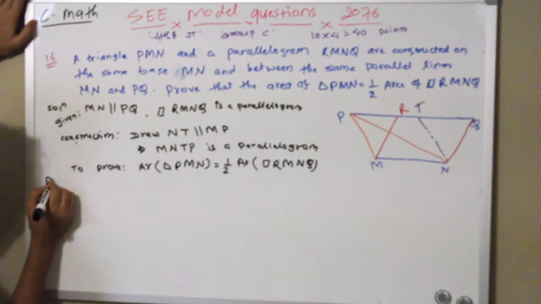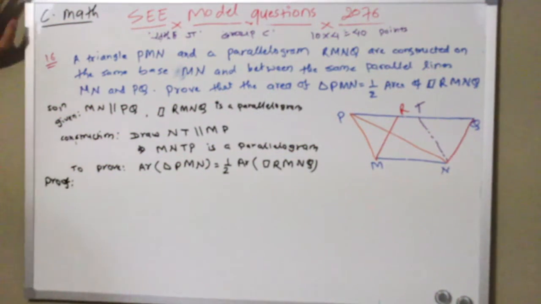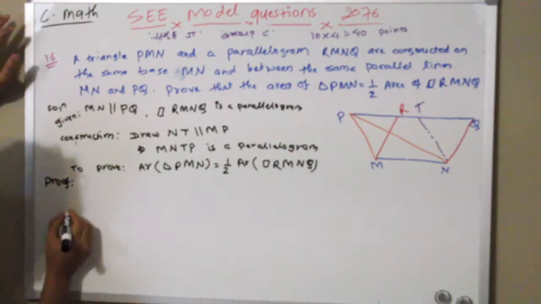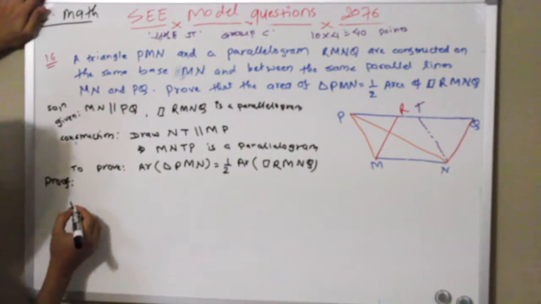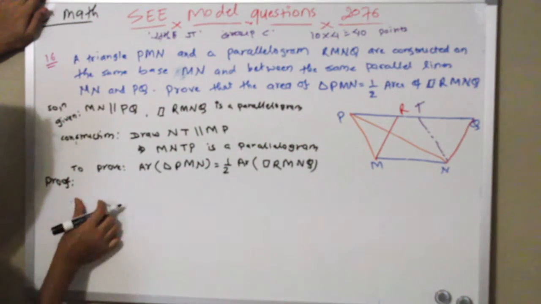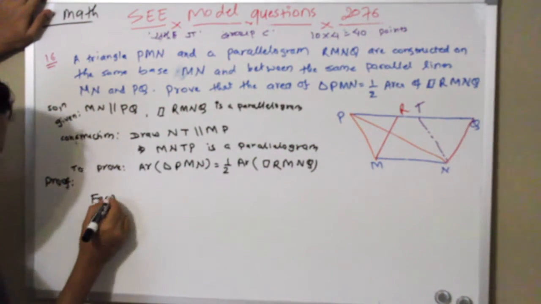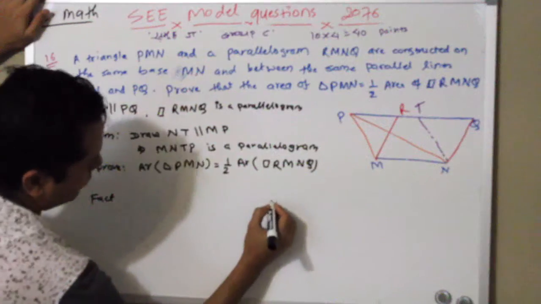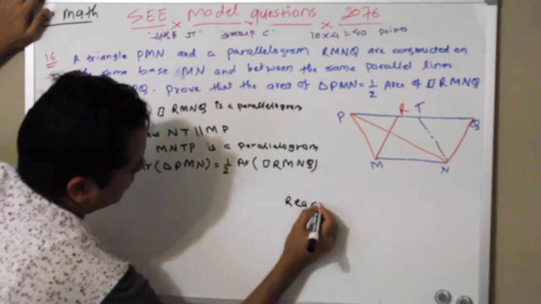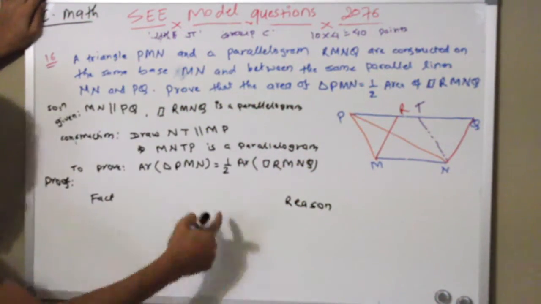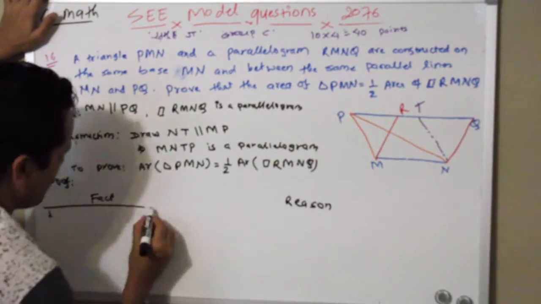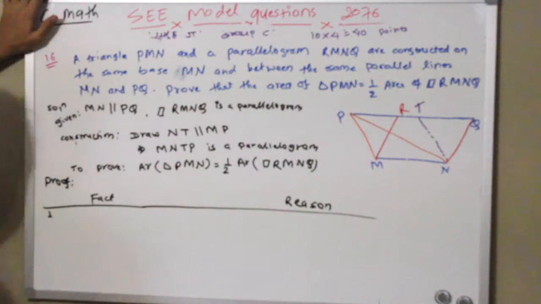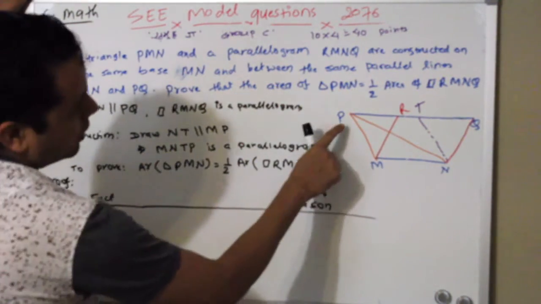Now proof. It's a very short proof. Number one, fact and reason. You can make a table, but I'm going to write without the table and I will draw it after. Number one, what do you know?